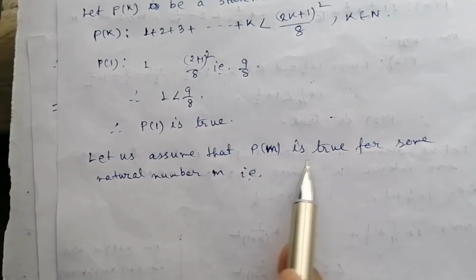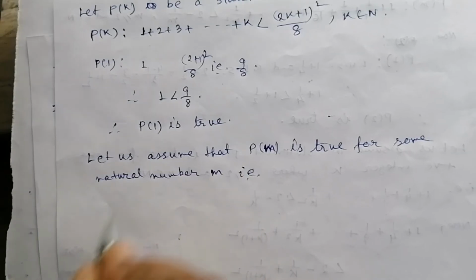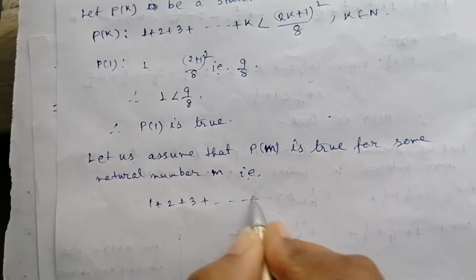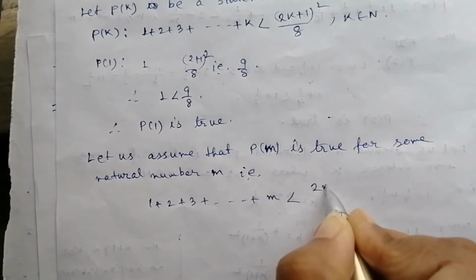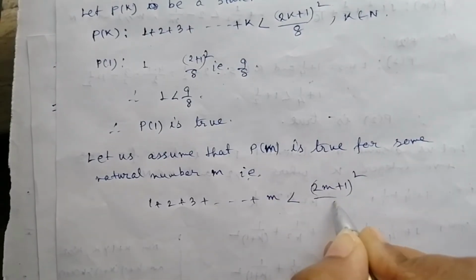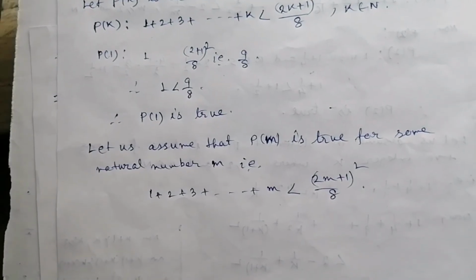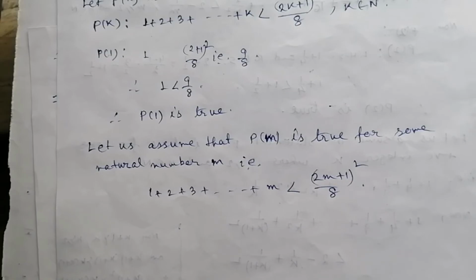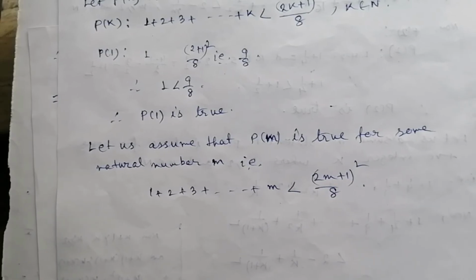Now the assumption portion. Let us assume that P(m) is true for some natural number m, that is, 1 plus 2 plus 3 plus dot dot dot plus m is less than (2m plus 1) whole square divided by 8. Now we have to prove that P(m+1) is also true.